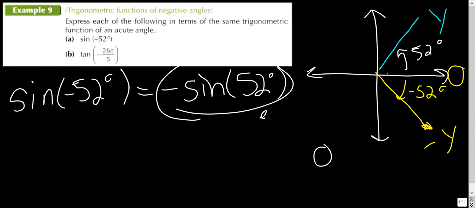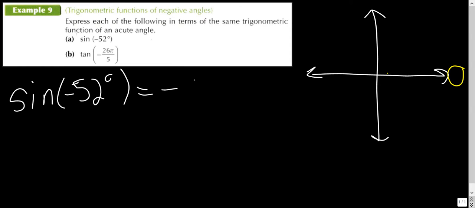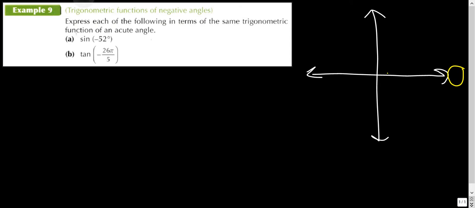Now the next problem says, okay, so what about the tangent of negative 26 pi over 5? Ugh. So that is kind of ugly. Think back to our last problem where we were dealing with really large angles that are far out there. Negative 26 over 5 is close to negative 5.